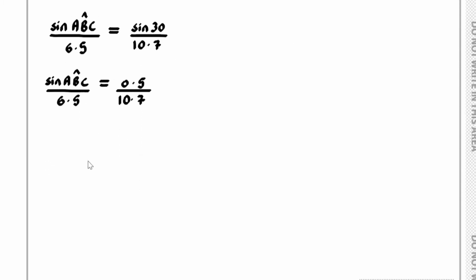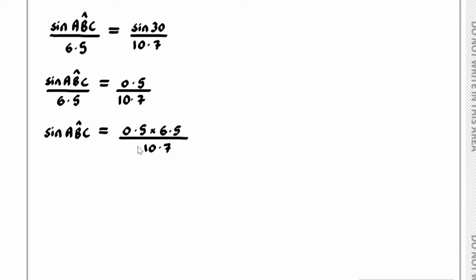So the sine of ABC, that's equal to 0.5 times by 6.5 over 10.7.